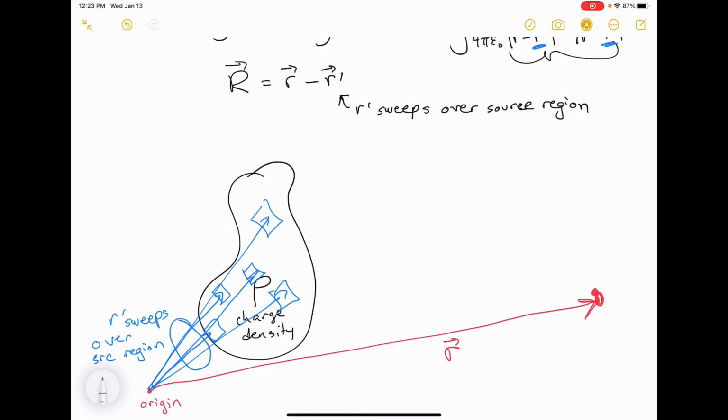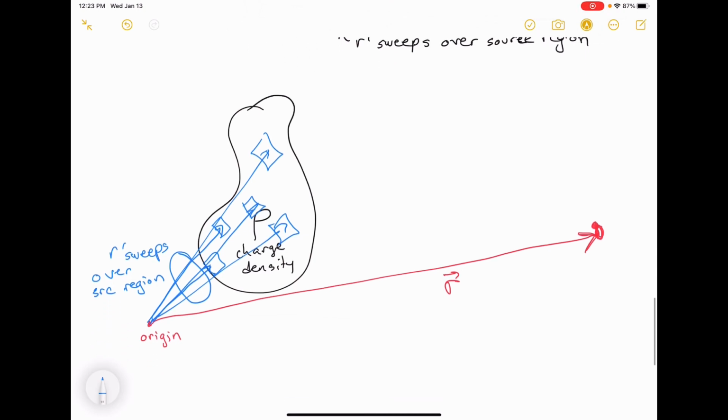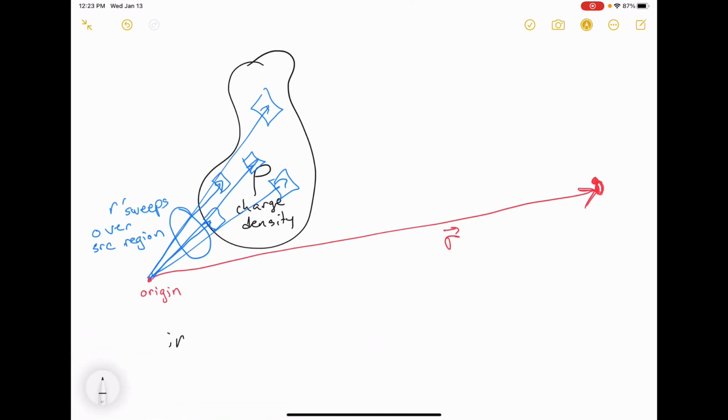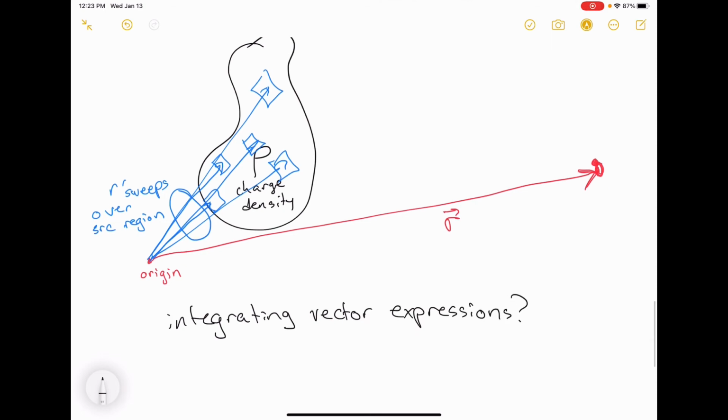So that means that you have to integrate an expression that is a vector. How do you integrate a vector expression? There's one key thing to notice here that is really important when you're evaluating an integral that contains a vector expression. Cartesian unit vectors are constant.